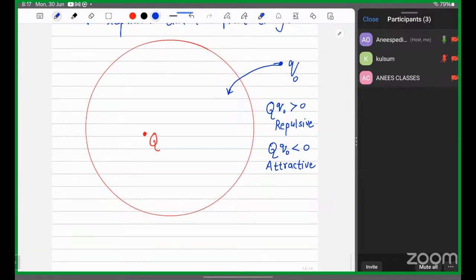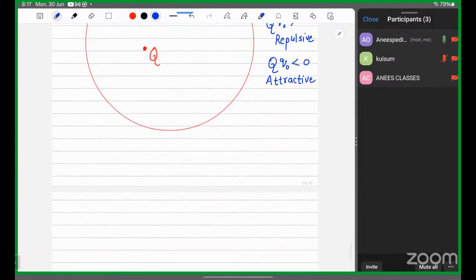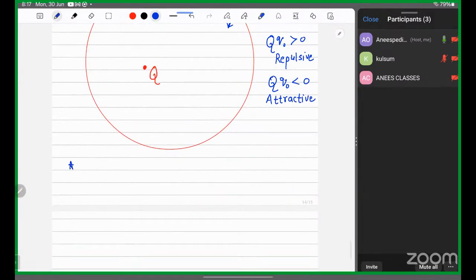Now about second point about electric field. Second point is that electric field E, which is, yeah, I should write it as, electric field is a vector quantity.